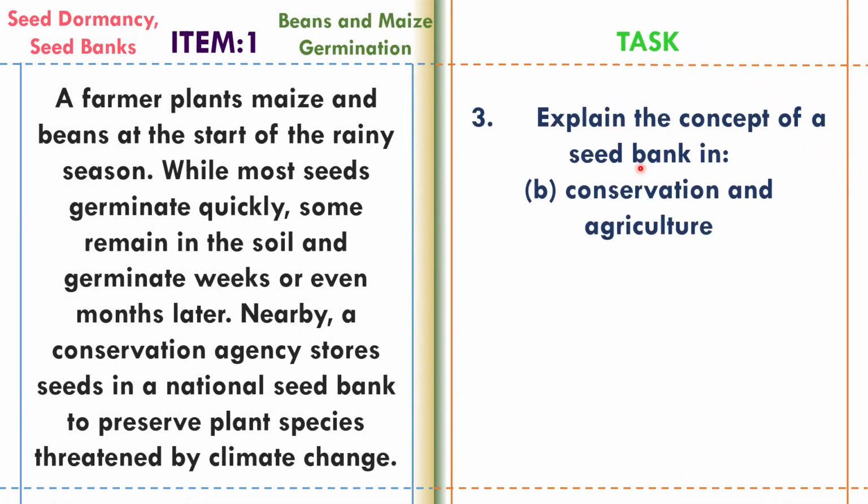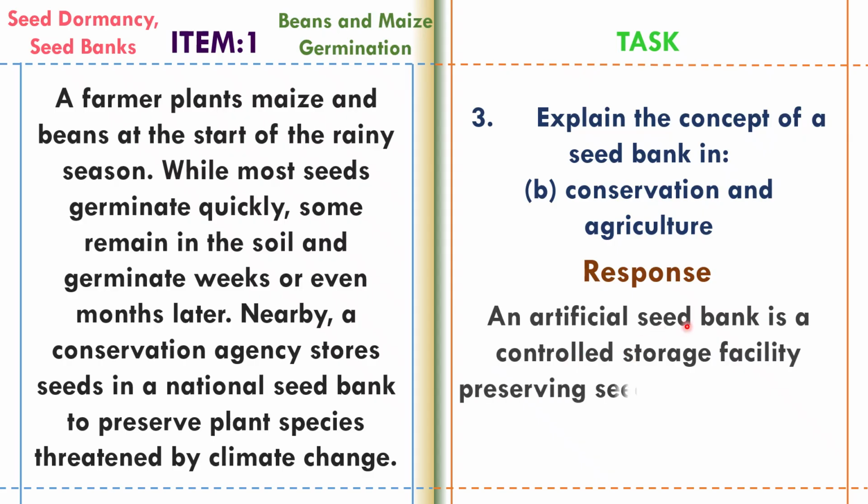Let's explain the concept of a seed bank in conservation and agriculture. An artificial seed bank is a controlled storage facility preserving seeds for future use.